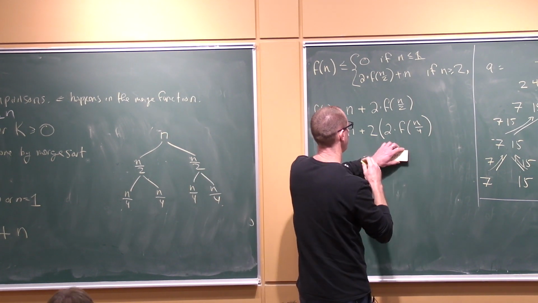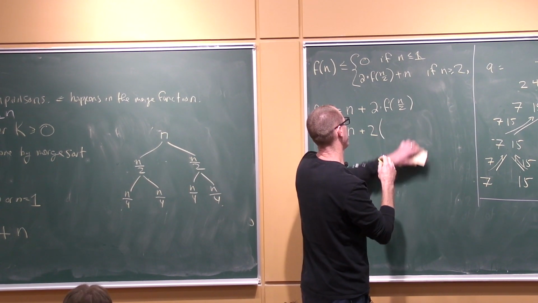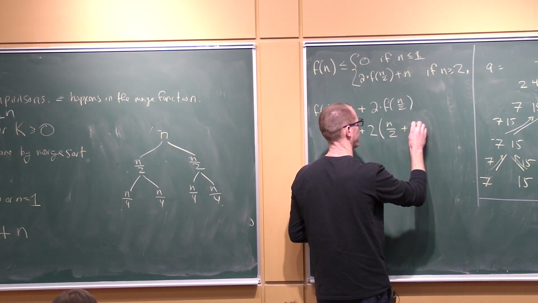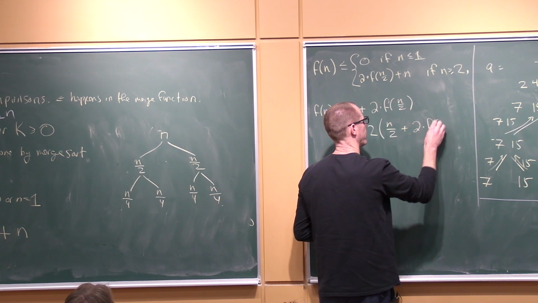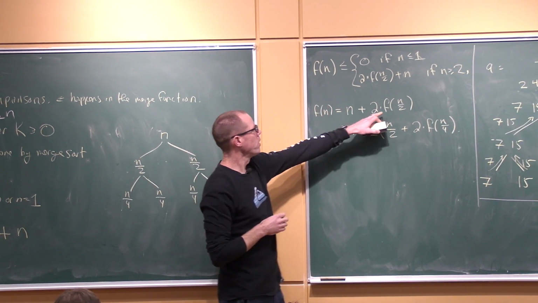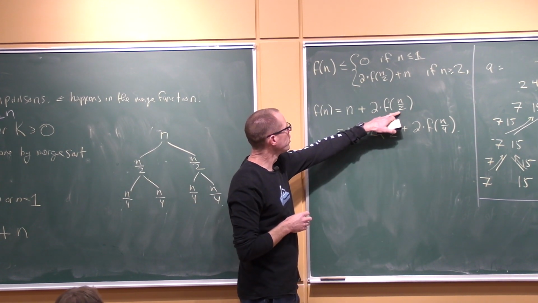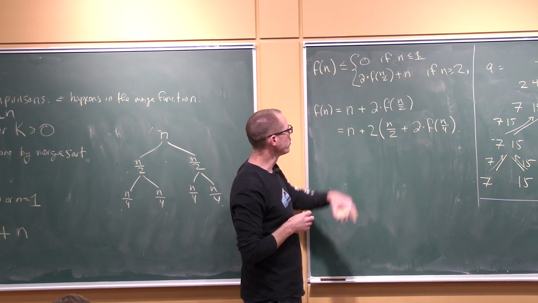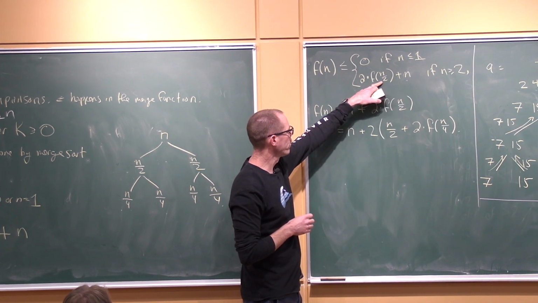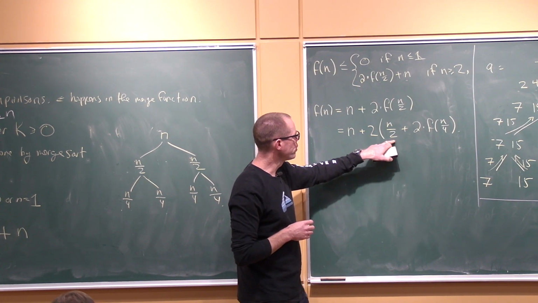So just take the definition of f of n and apply it now, but with the value n over 2 here. So you get an n over 2, you get an n over 4 here. There's your n over 2.